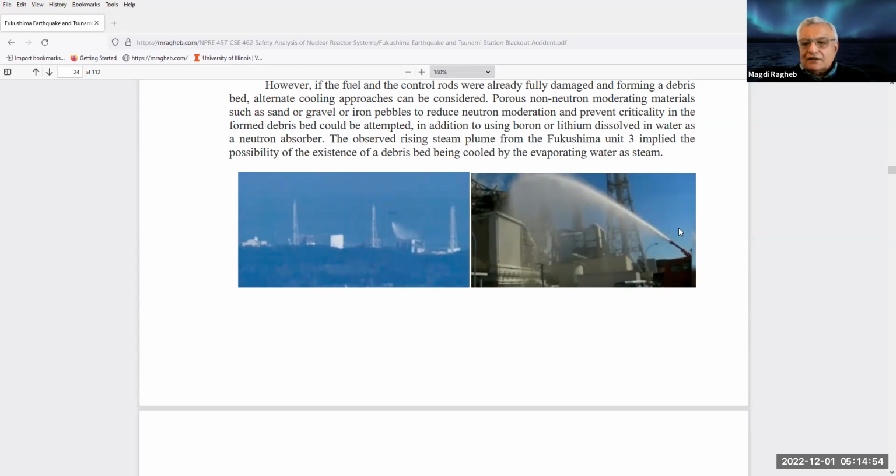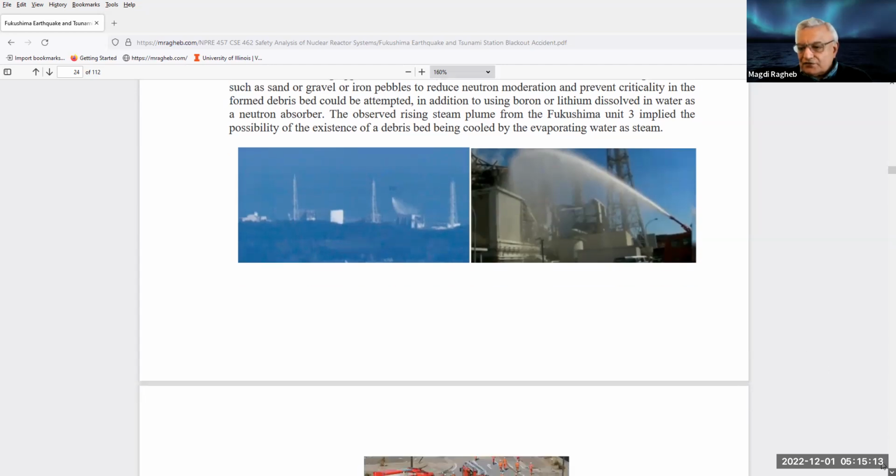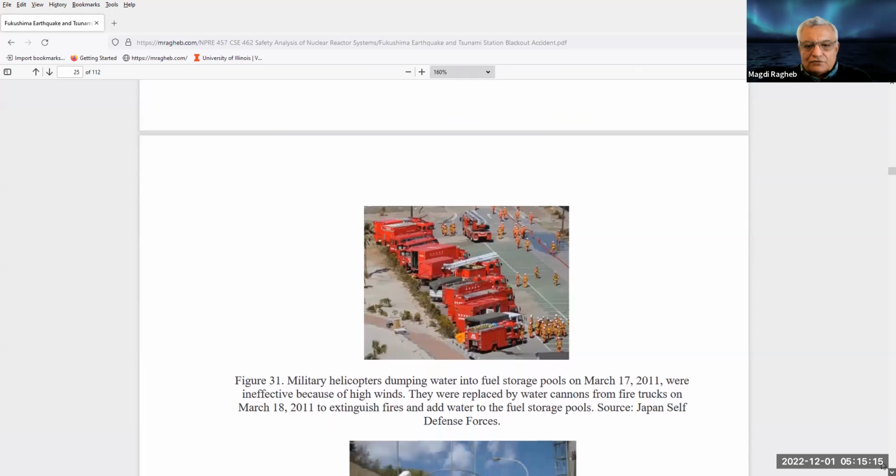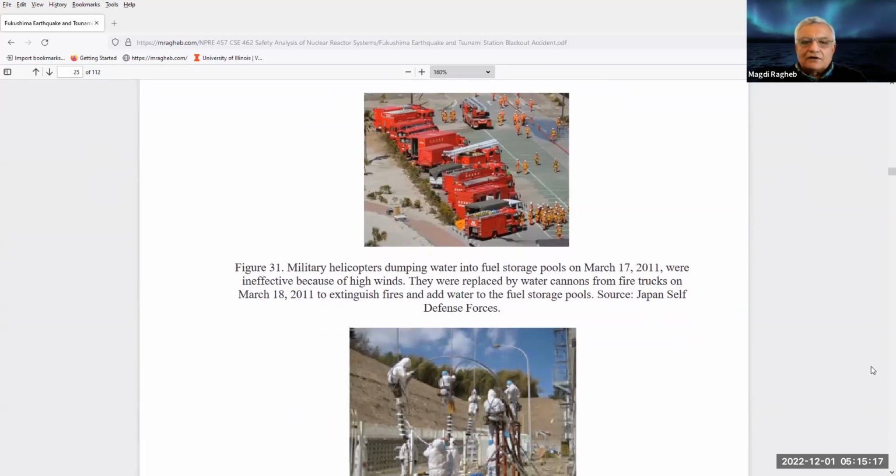Later on, the operators from Japan were able to bring in firefighting equipment, pumpers, and you could see here they use real firefighting equipment, and they used seawater in that case, so that basically damaged beyond repair the cores of the reactors, because seawater would be causing, of course, lots of corrosion.